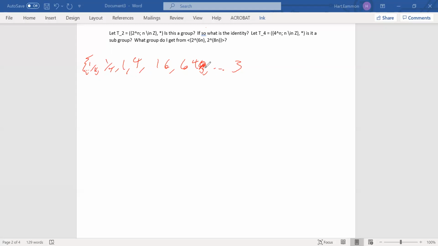So is this a subgroup of T2? Yeah, it is. It's a subgroup, and it corresponds to the 2n.